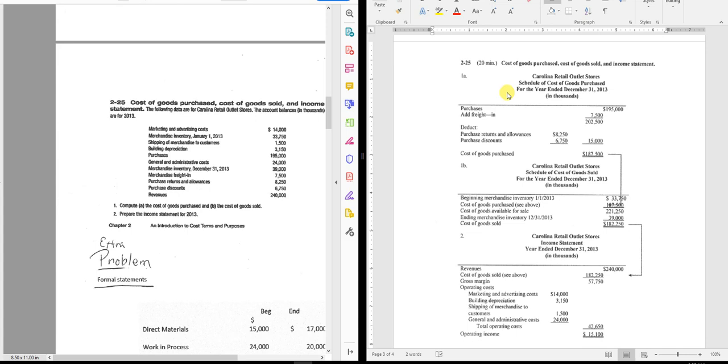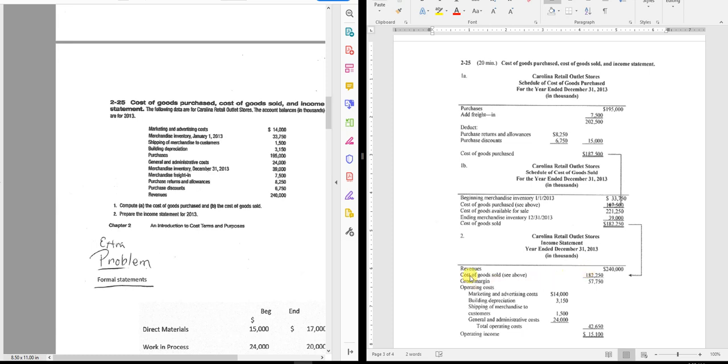I am going to go through this with them side by side. So again, hopefully you have it printed out. But we're going to prepare a cost of goods purchased and cost of goods sold. Prepare an income statement. So I want you to go back to the format of the income statement. This is a little bit out of line. This 240,000 should be over there.